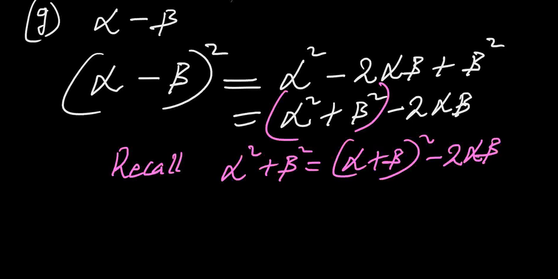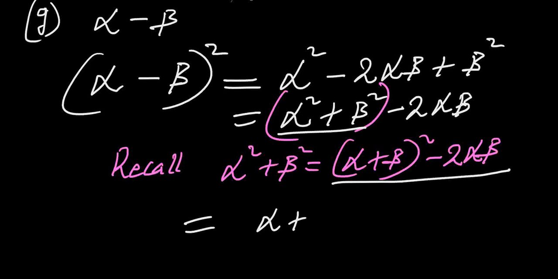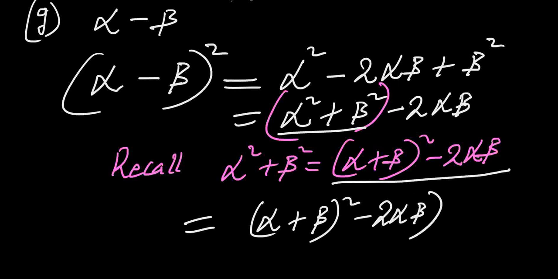So we are going to substitute this value into this. So once that happens, then this will be equals to (alpha plus beta) squared minus 2 alpha beta. You can simply put that in parentheses and then bring this negative 2 alpha beta.